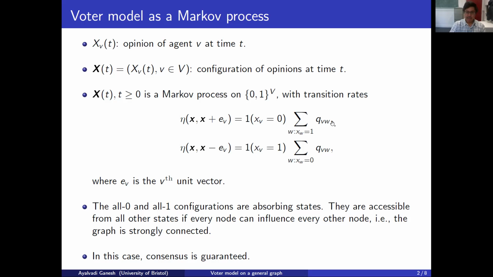And if there's an increment, then v contacts w and copies the opinion of w, which was a 1. So v changes its opinion from 0 to 1, meaning that this coordinate changes from 0 to 1. And this could have happened by copying any vertex in state 1, and so we add up these probabilities.